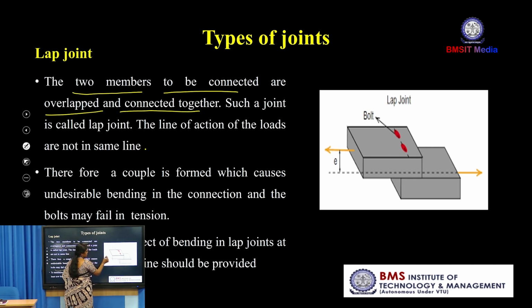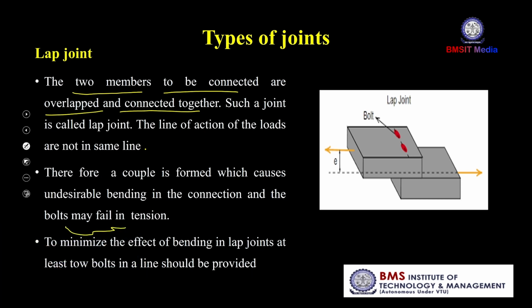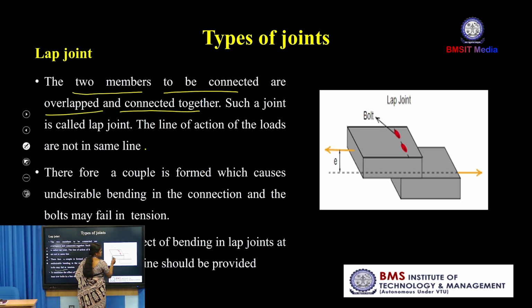Here this is the line of load. So, this is one load and this is one load. If we apply the tensile force, some eccentricity will happen due to this eccentric load, because here the line of action of the load is not in the same line. Same line means this is the same line. Here one load is acting here, another load is acting here.